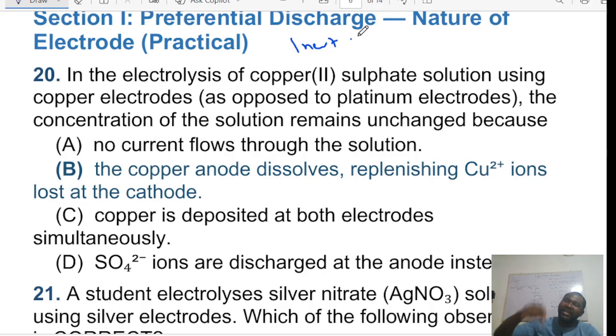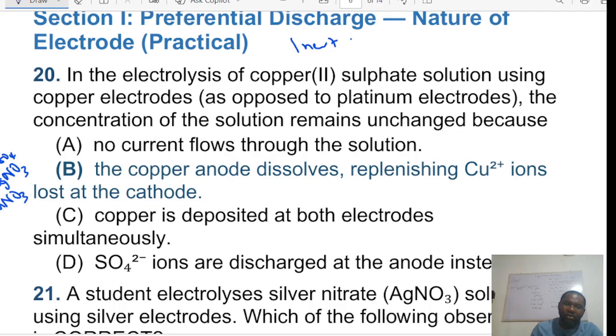Now, there is a case 3. This one is a special case. Here, the solution is a solution of a salt of a metal that is lower than hydrogen in the electrochemical series. That means like copper sulfate, silver nitrate, gold nitrate.